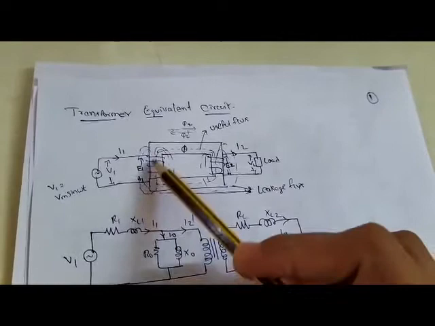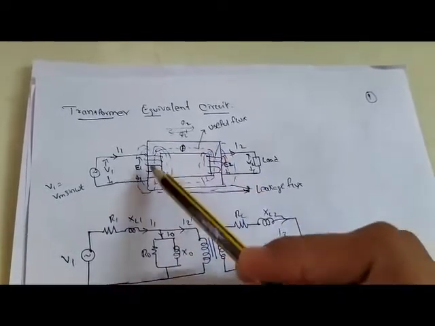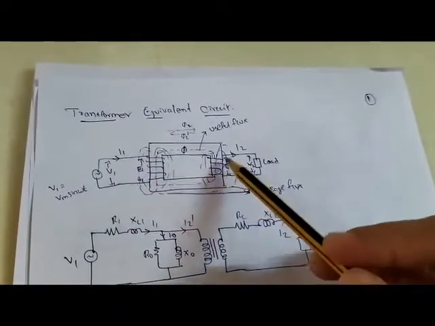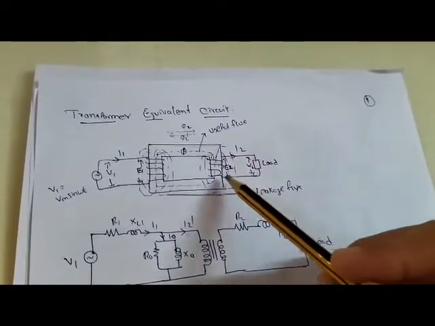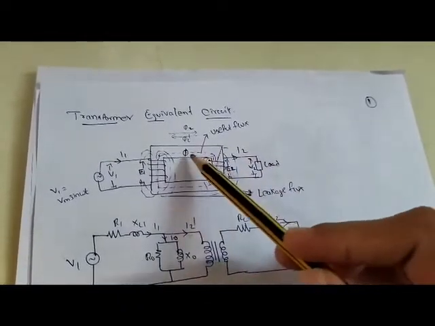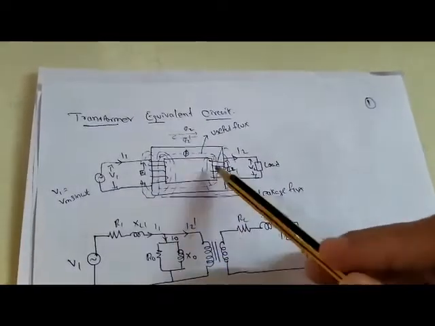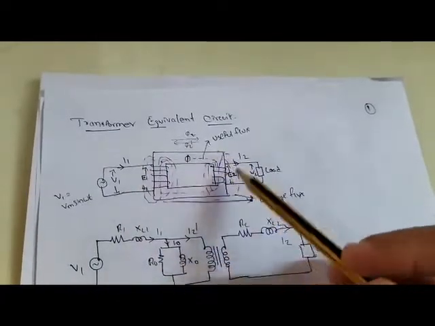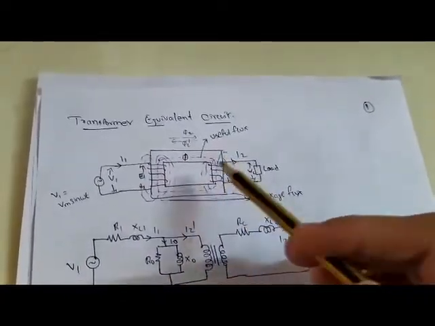So this is the useful flux and this is the leakage flux. Similarly here also, when some current flows in this, some flux is produced like this and some flux is produced like this. So this is useful flux and this is leakage flux in the secondary.